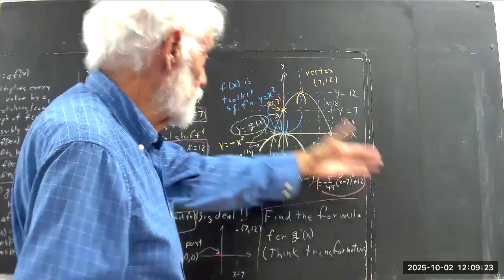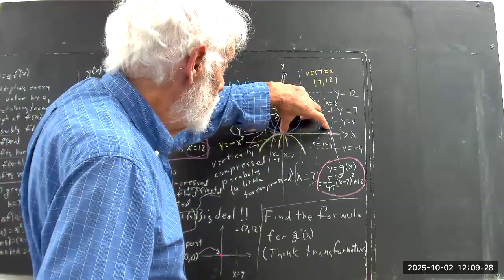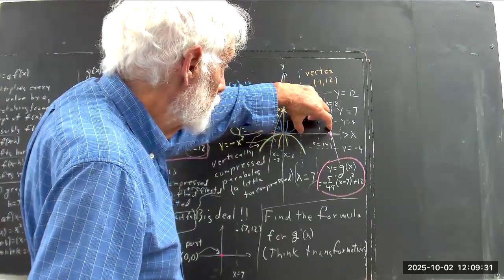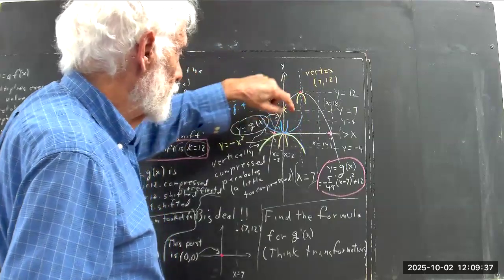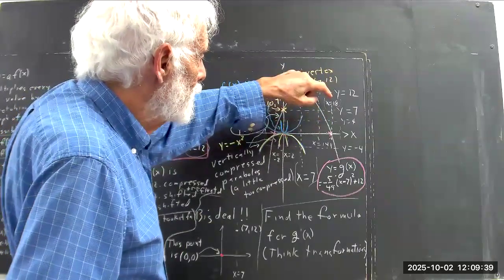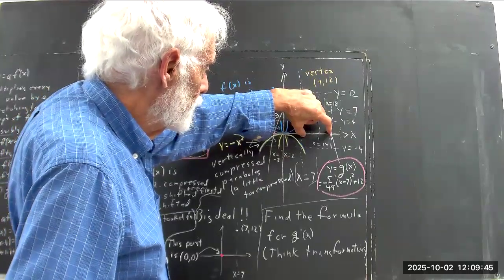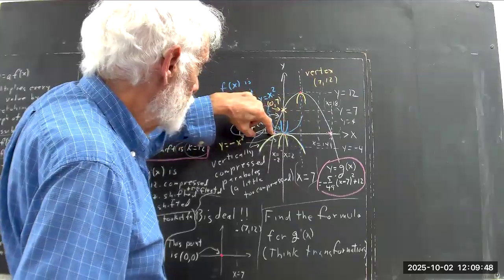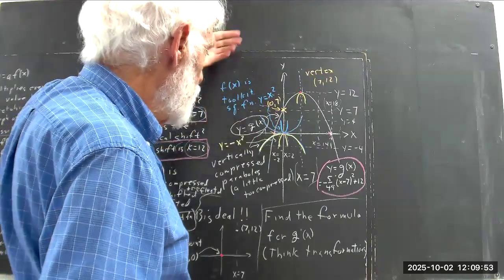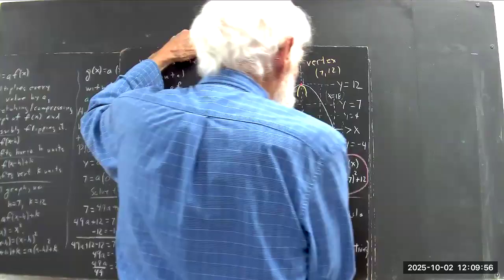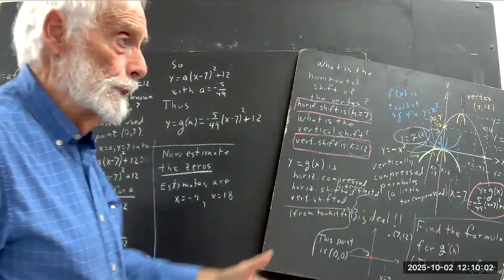Anything that happens on the right happens at an equal distance on the left. x equals 18 is 11 units to the right of x equals 7. If we go 11 units to the left, we should get this point, and if you go 11 units to the left of x equals 7, you do get x equals -4. Now, that doesn't mean that my estimates are correct. It just means that they're consistent with symmetry.